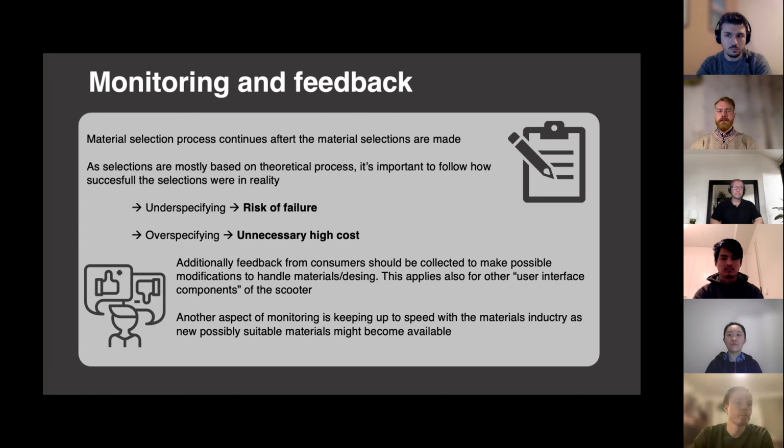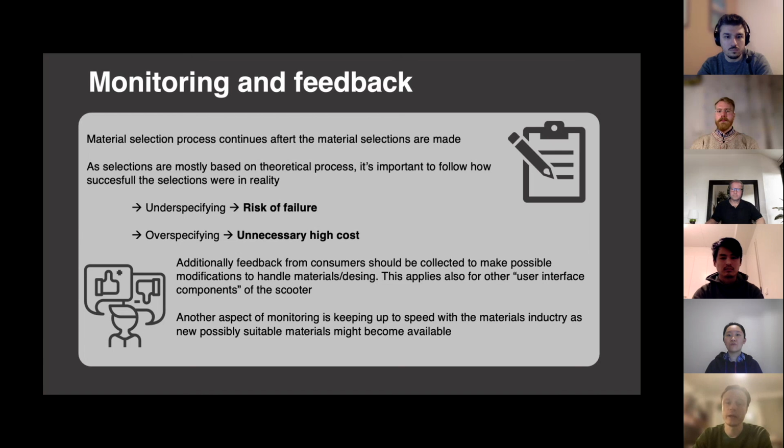And the material selection process doesn't really end when the material is selected for the first time. When we would manufacture these scooters and start renting them, we would do some monitoring and gather feedback from the consumers. There is a risk that we have underspecified something.